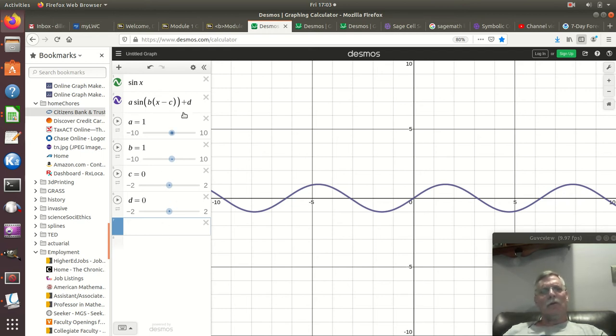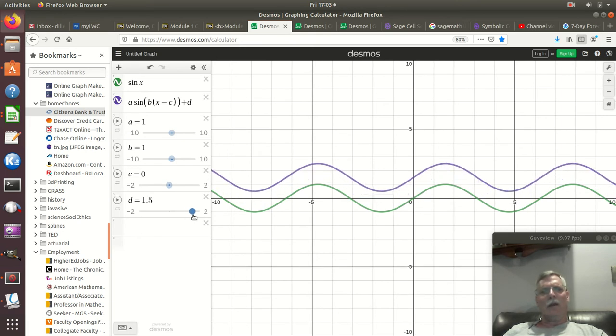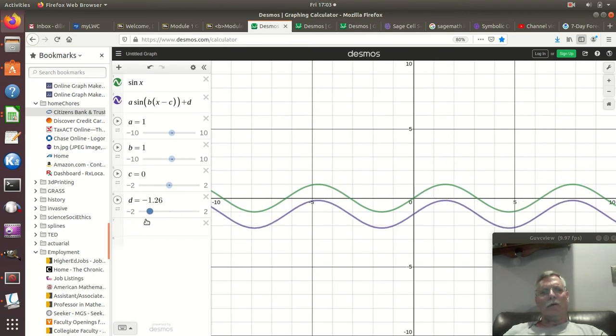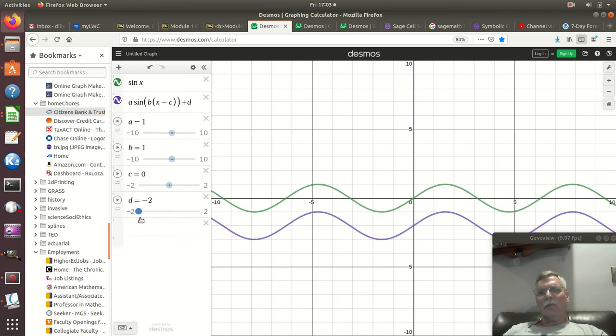So let's start actually with the D, and notice that as I move the D, even though you're doing this at each value of x, it looks like I'm just taking this whole thing and lifting it up by making D more and more positive. And it looks like I'm taking that whole curve and moving it down by making D more and more negative. So there you go. That's what D does.